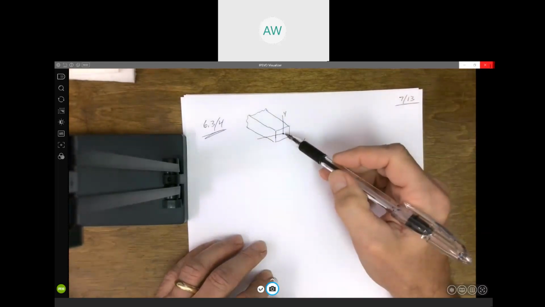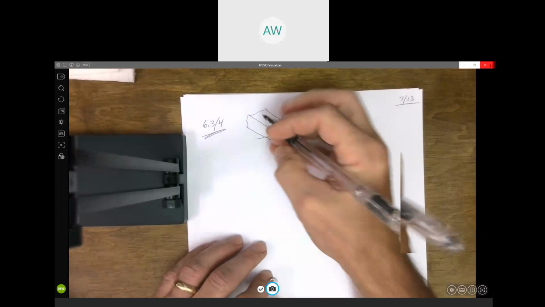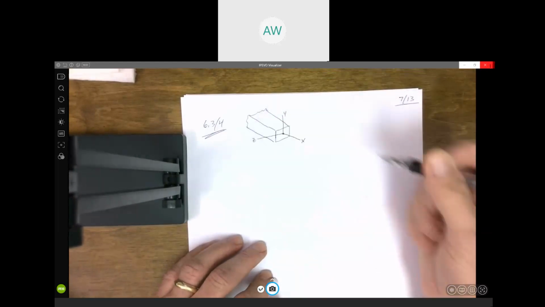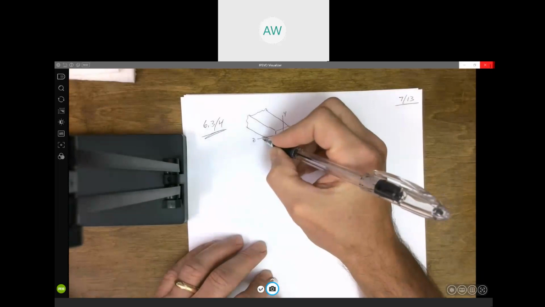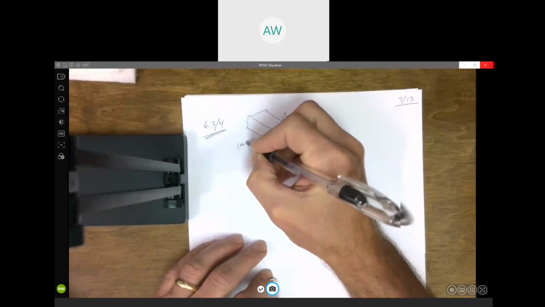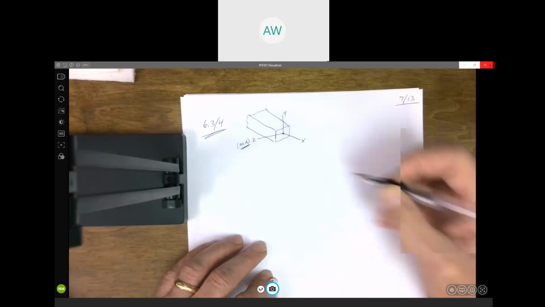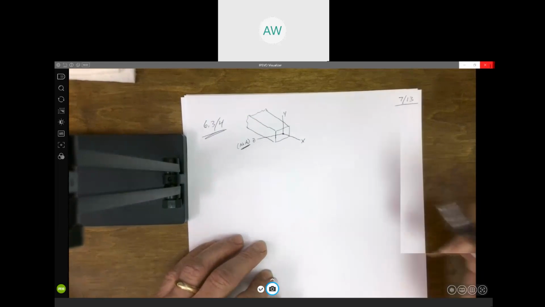When you're looking at the cross section, y is the vertical direction, positive up. And z is our horizontal direction. This axis, the z-axis, is what we call the neutral axis. That's the axis that separates tension and compression when you're bending this beam.